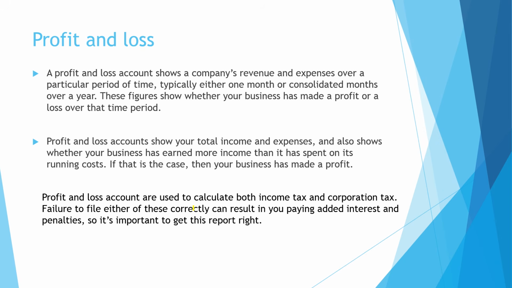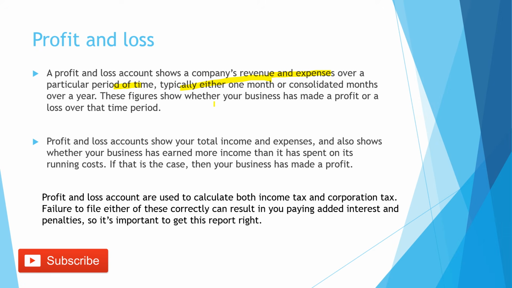Okay, profit and loss. A profit and loss shows a company's revenue and expense over a particular period of time, typically either 1 month or consolidated months over a year.